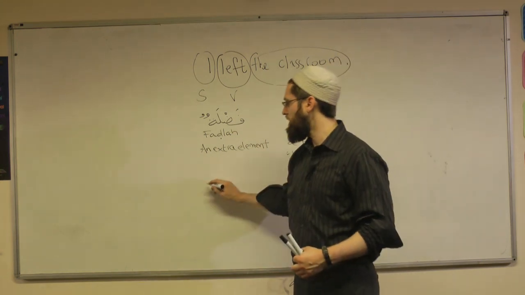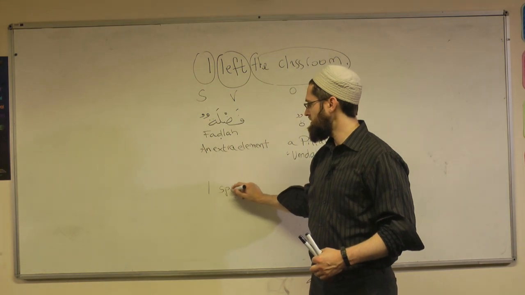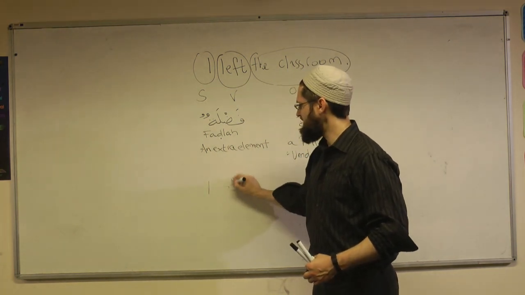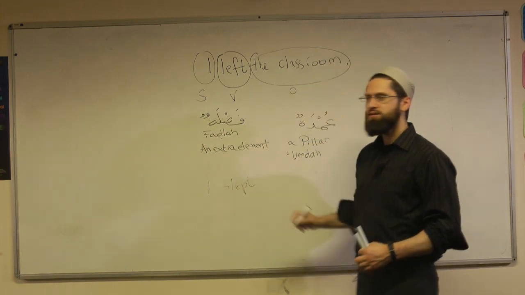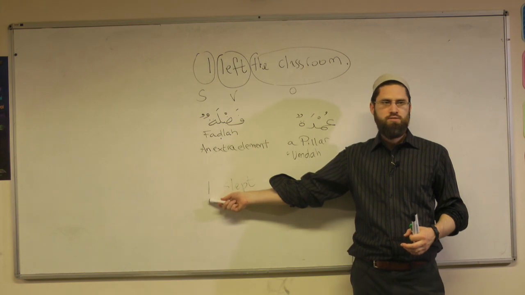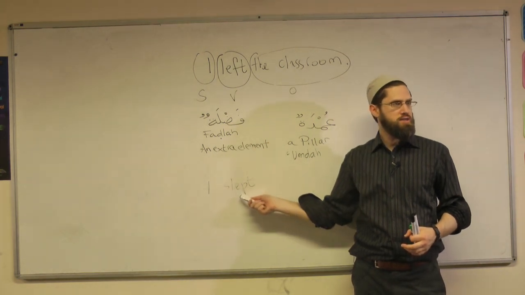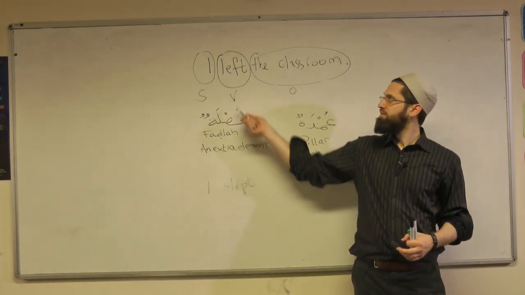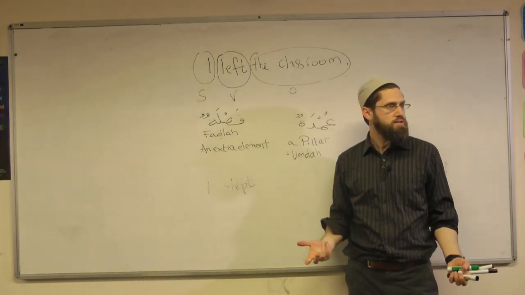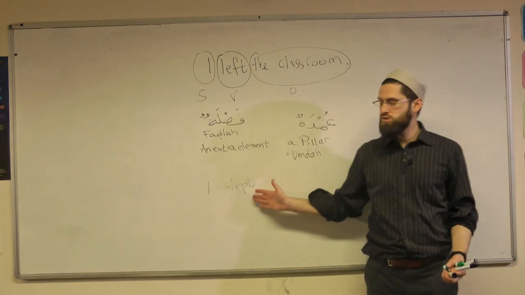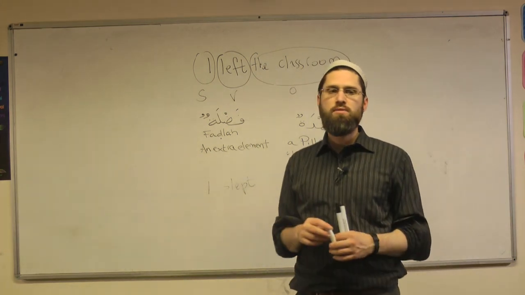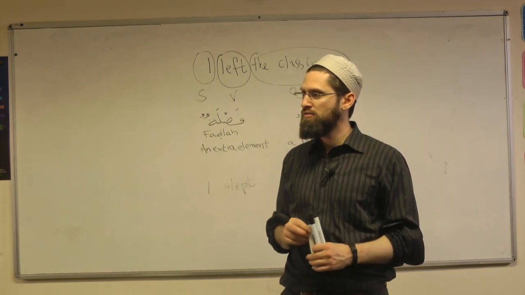Let's use the simple past just for the sake of simplicity. Is there an object there? No. The I is the subject, the person doing it, and slept is the verb. I don't sleep you. It doesn't make sense. So there are some verbs that have objects, and some verbs that don't. Is that clear for everybody?